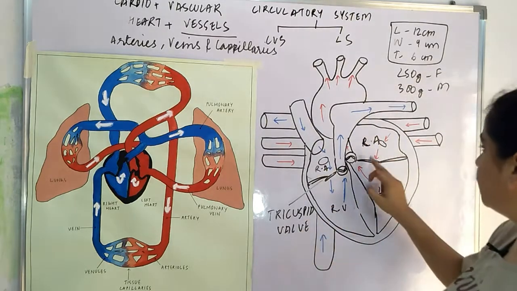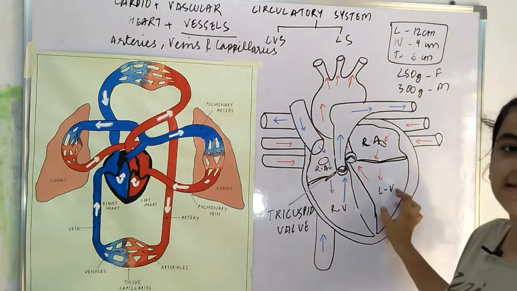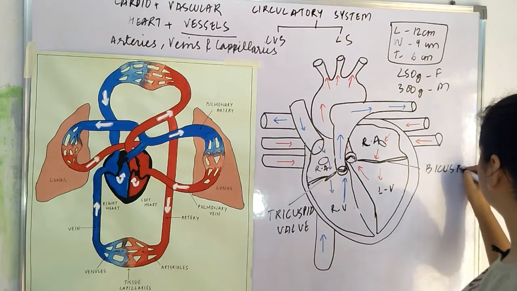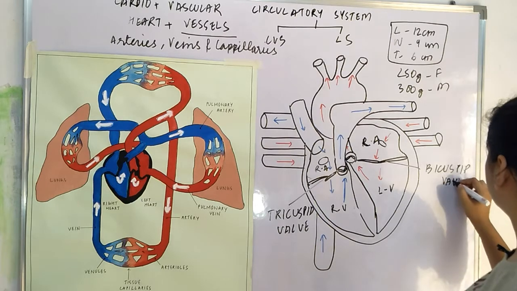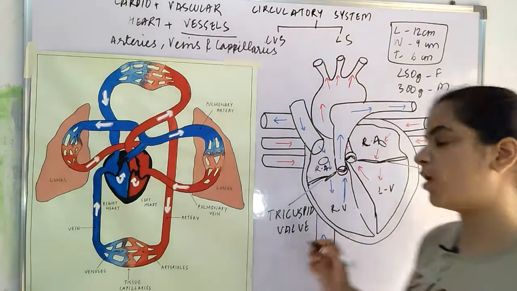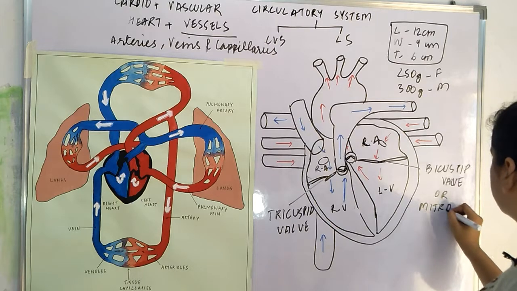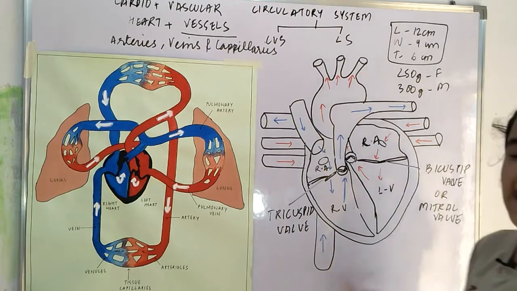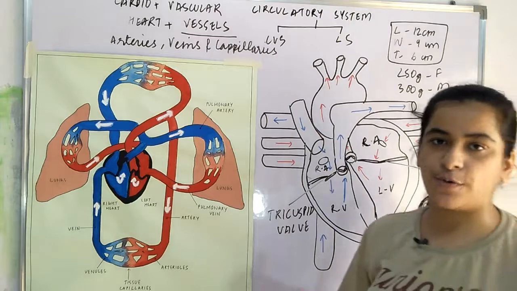Next, the valve between the left atrium and the left ventricle is known as the bicuspid valve. The bicuspid valve is also known as the mitral valve, and also known as the left AVV, the left atrioventricular valve.